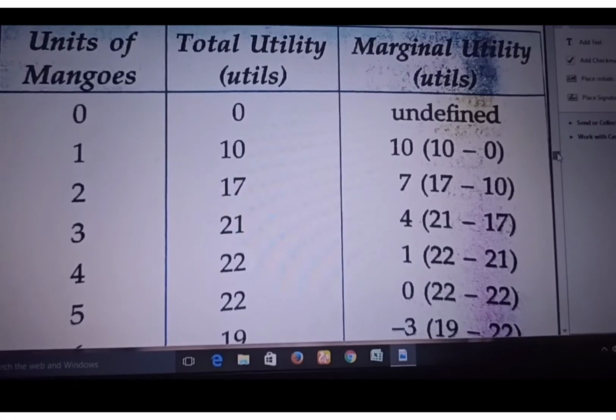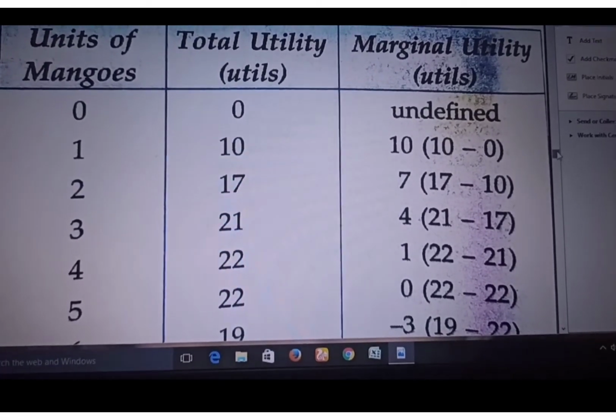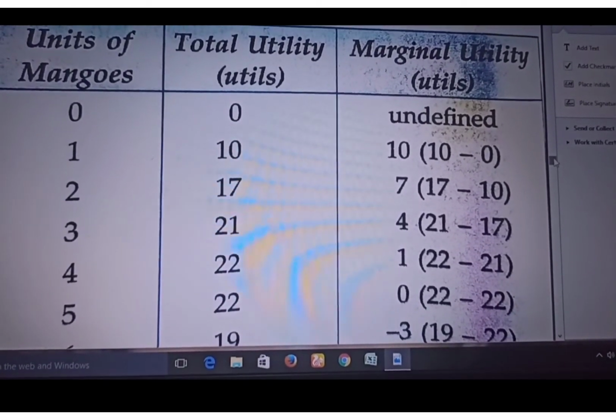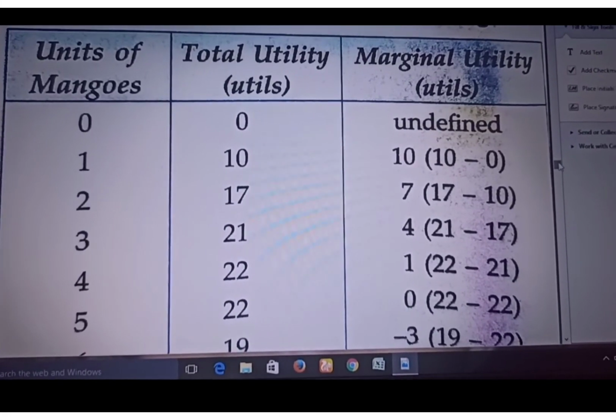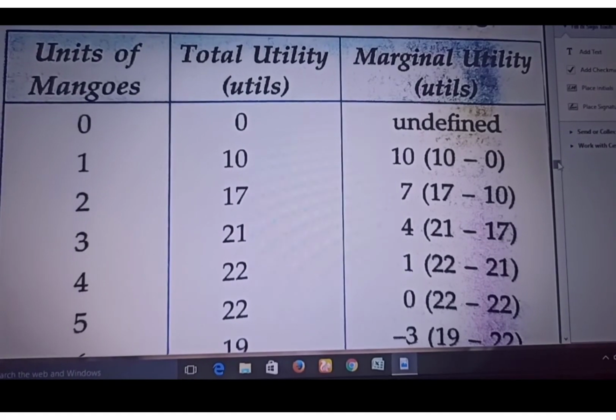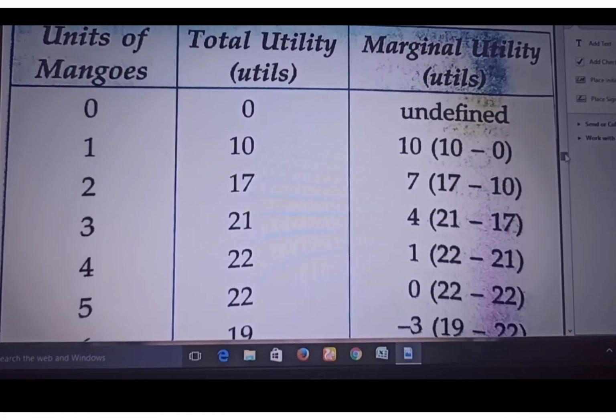It is a similar situation when you have filled up your stomach and then you are asked to consume more. Even if they are paying you, you are not willing to take it because you have eaten a lot, you have eaten enough.